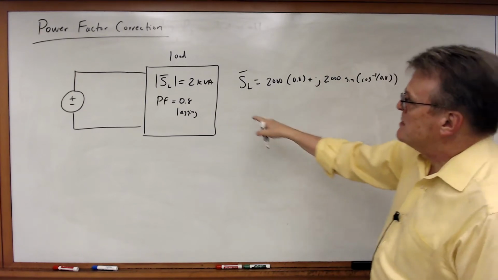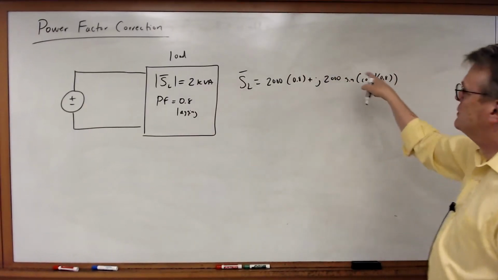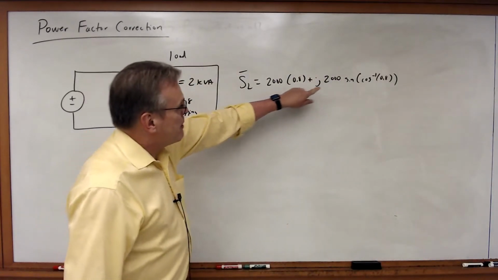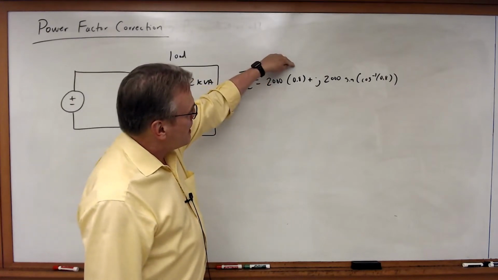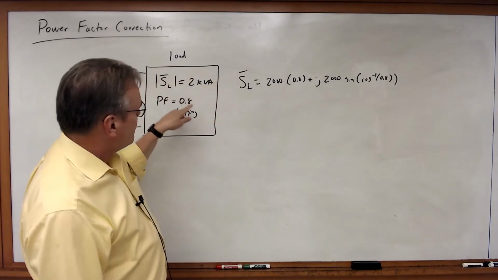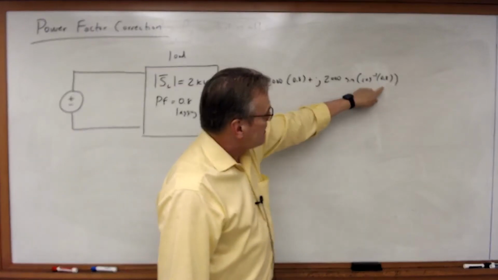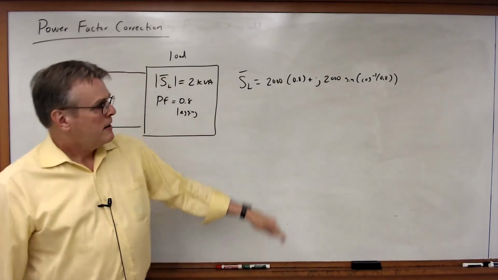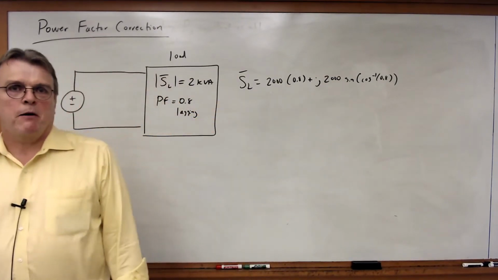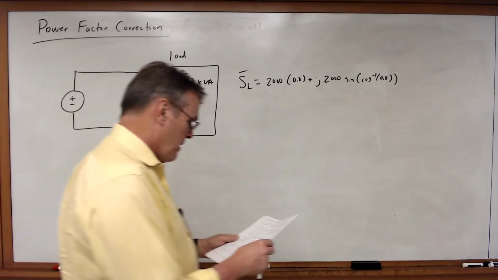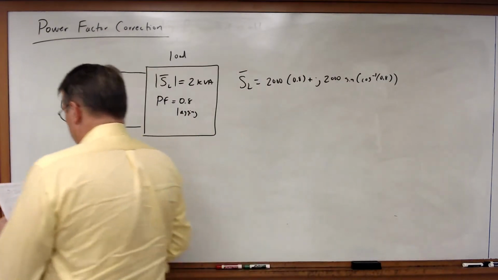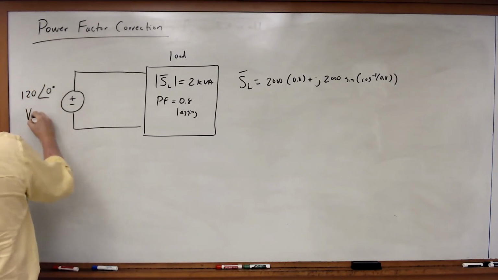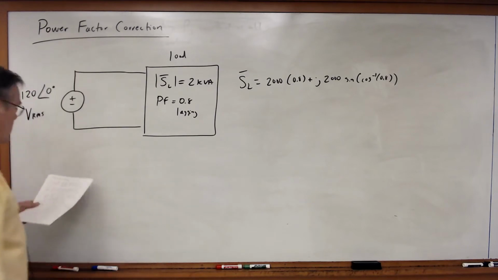So all I'm doing here is simply taking these values and plugging them into the equation. I've got my apparent power. My cosine of theta sub v minus theta sub i is already given. It's lagging. And then if I take the inverse cosine, I'll get a phase angle, which I can then calculate and plug into the sine. So this comes right out of that complex power formula. Okay? For my source, I'm going to assume that this is 120 at a phase angle of 0 degrees, volts RMS.